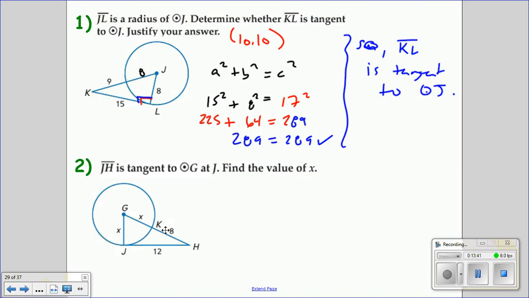So again, I'm saying that GH is going to be congruent to JH. And if that's the case, then I can say x plus 8 is going to equal 12. And thus, x is equal to 4.